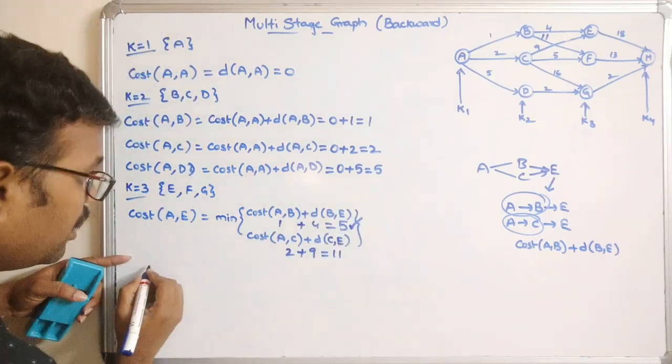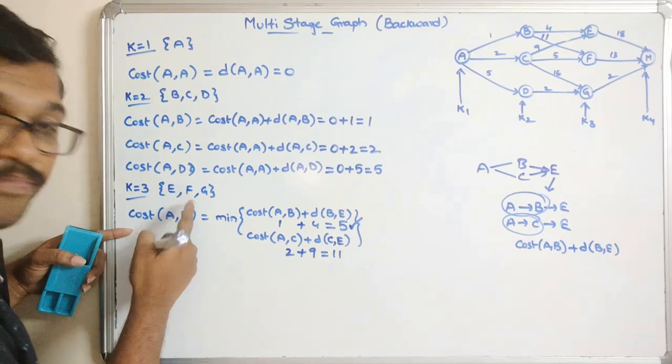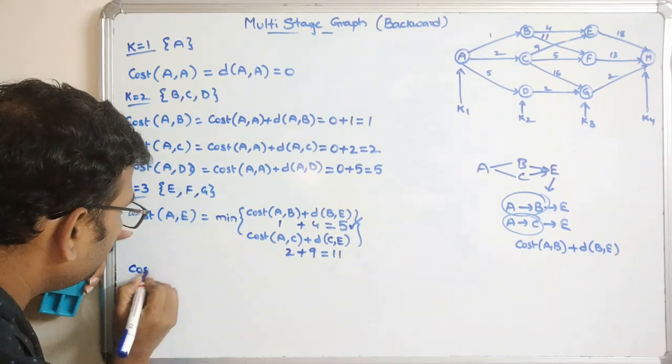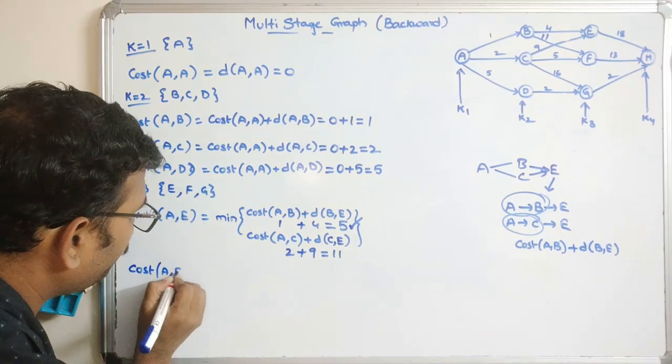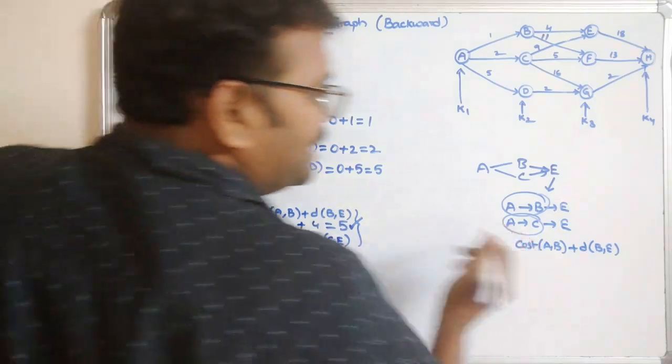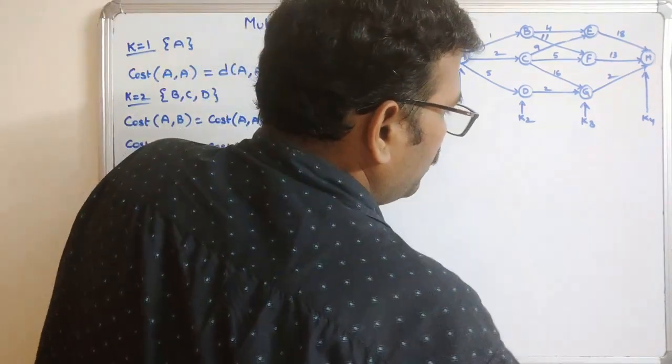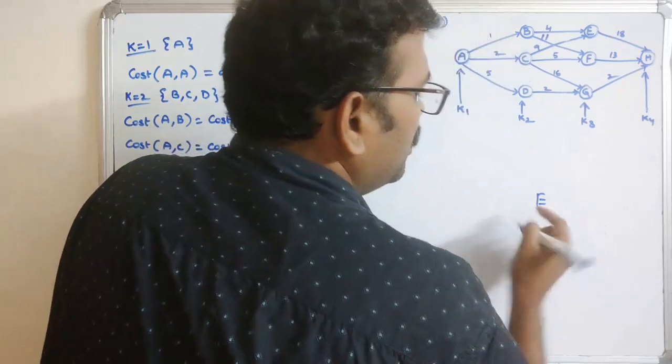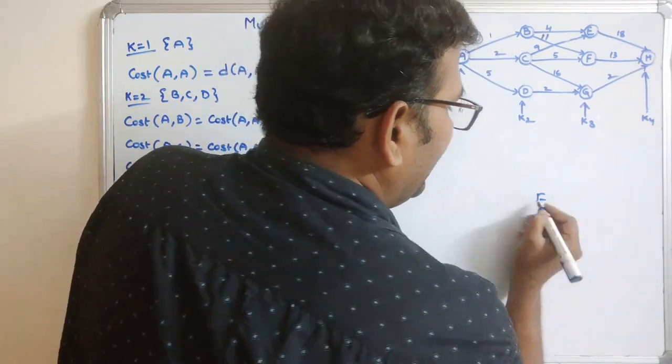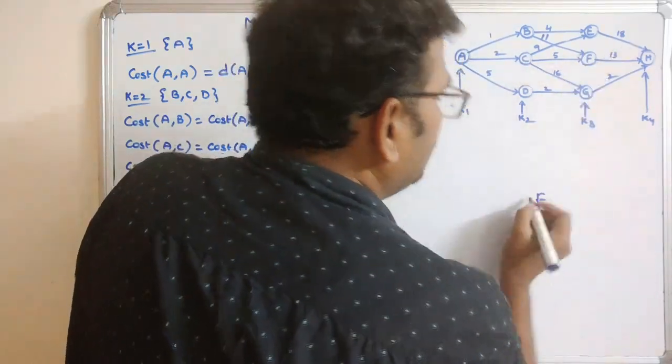Okay. Now, any other edge? A to F. Cost of A to F. In order to reach F, what are the incoming edges to F? Two edges.